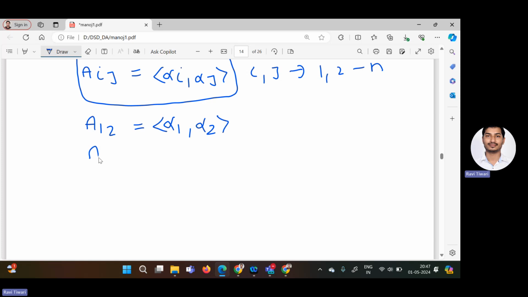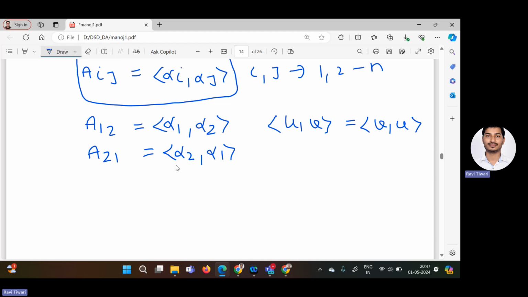What will A21 be? The inner product of alpha 2 and alpha 1. And we know the first property of inner product spaces is that the inner product of U and V is always equal to the inner product of V and U. So A12 and A21 are always equal.